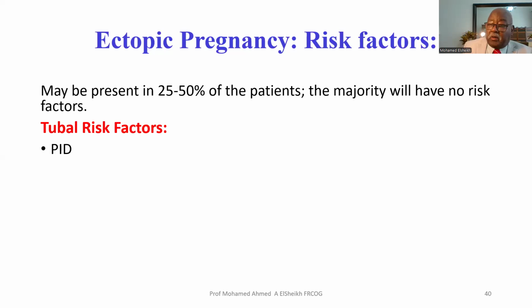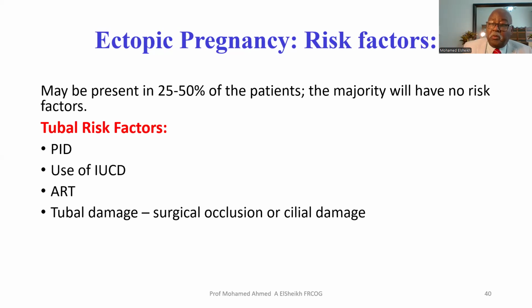The risk factors for ectopic pregnancy could be within the tube itself, tubal factors. As we have mentioned, almost 90 to 95% of it occurs in the tube. Tubal risk factors are pelvic inflammatory disease, use of intrauterine contraceptive devices, assisted reproductive technology, tubal damage, either infection or surgical occlusion, and tubal surgery. This is historical.